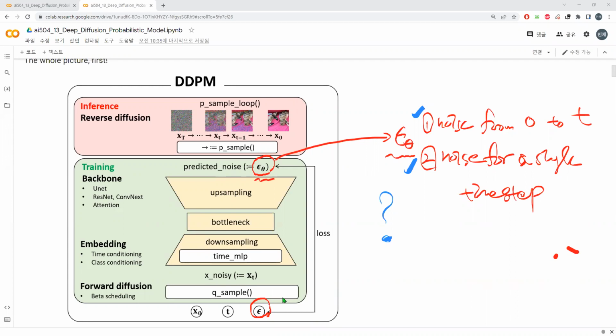First, answer 1 is the noise added to the data during the time steps 0 to t. Second one is just the single noise for a single time step.